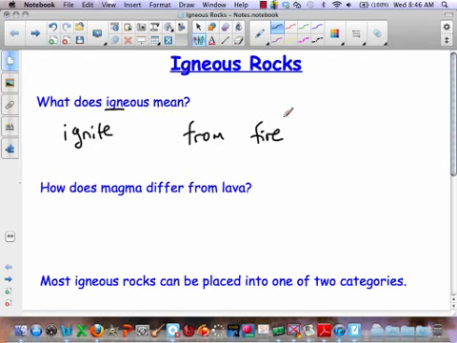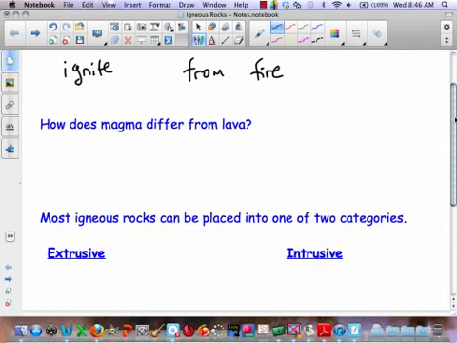So when we look at igneous rocks, basically 2 things are going to happen. You can cool in 1 of 2 places. You either get to cool on top or underneath, right? Those are your 2 places to cool. And so we call them either extrusive or intrusive.